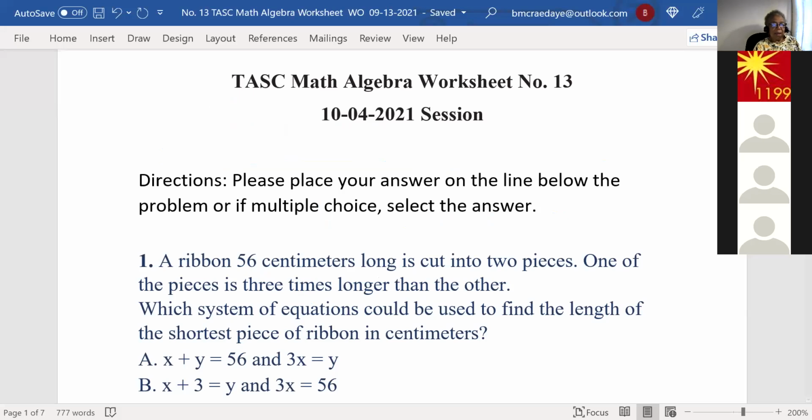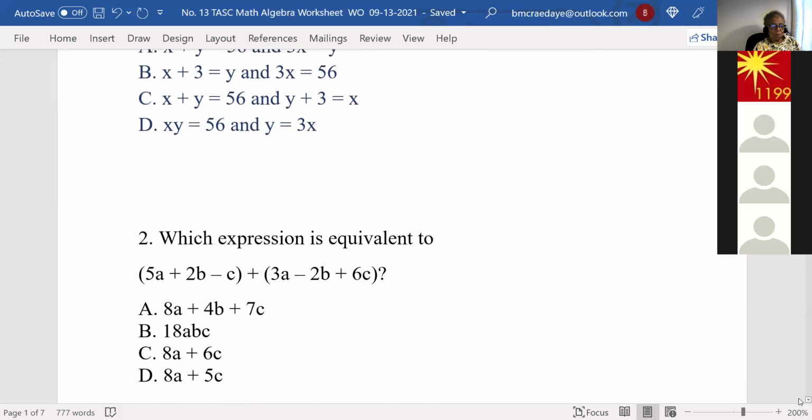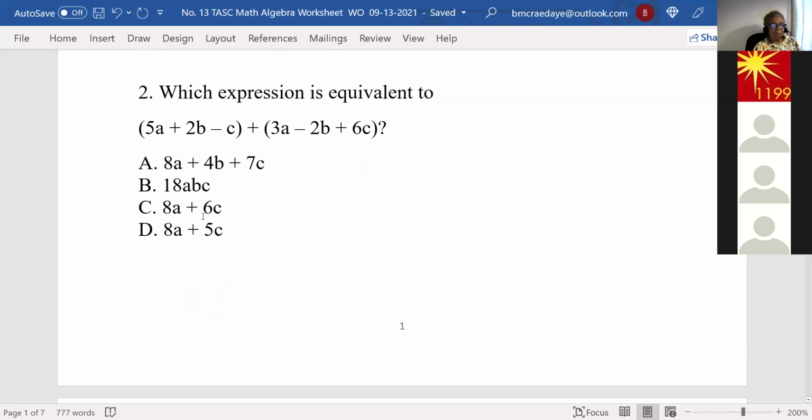All right, now let's go to the second problem on the worksheet. Now, the second problem, what you do is add up the like terms, right? Say which expression is equivalent. So you add up all your A's, add up your B's, and add up your C's.